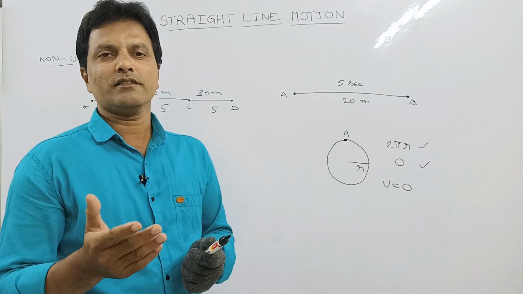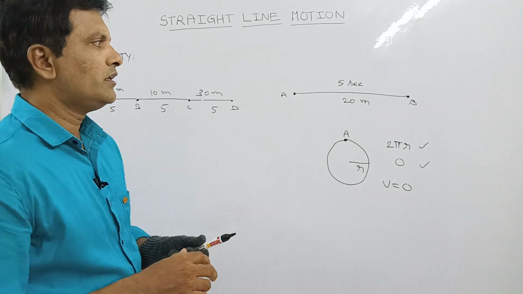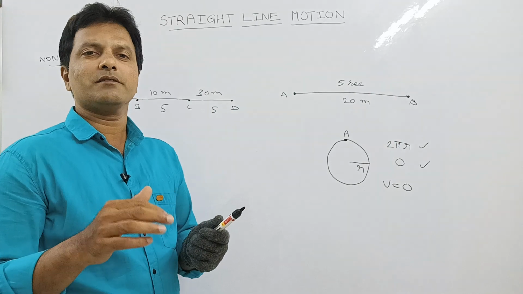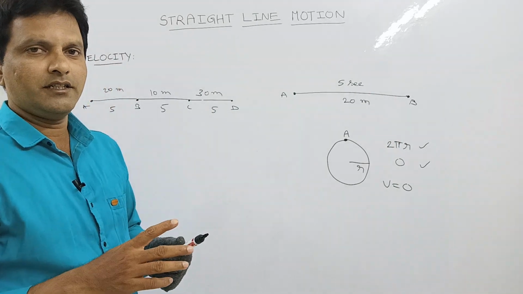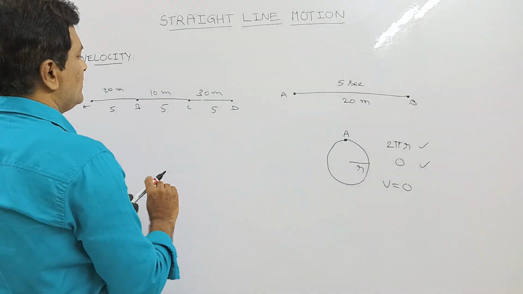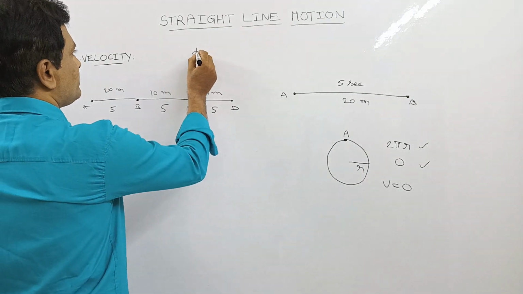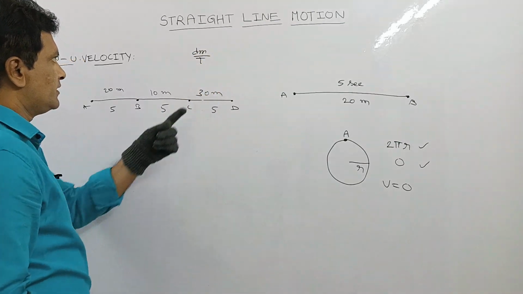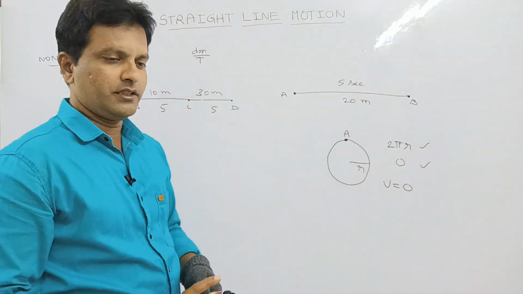So if the object is changing its direction, then the displacement will obviously change. Then velocity, what is velocity? Displacement by time. So obviously velocity will also change.